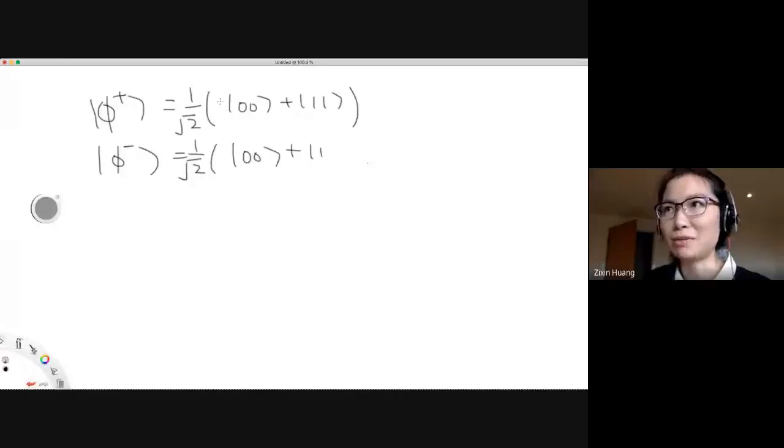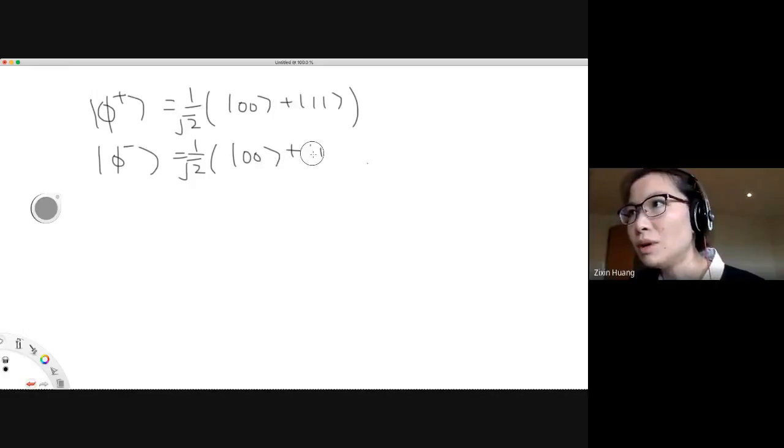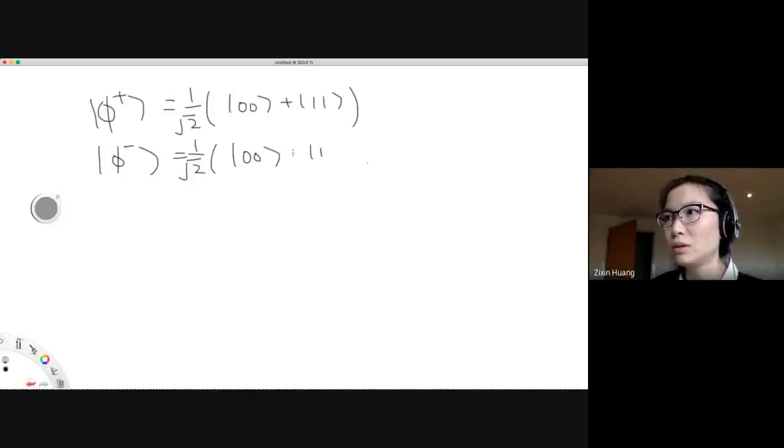Okay, so I'm just writing out that phi plus is equal to |00> plus |11>, and phi minus is equal to |00> minus |11>. So once again, for this entire course, we're just playing with zeros and ones.